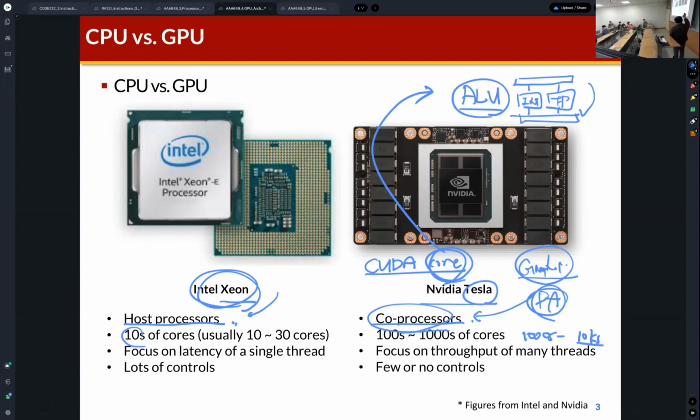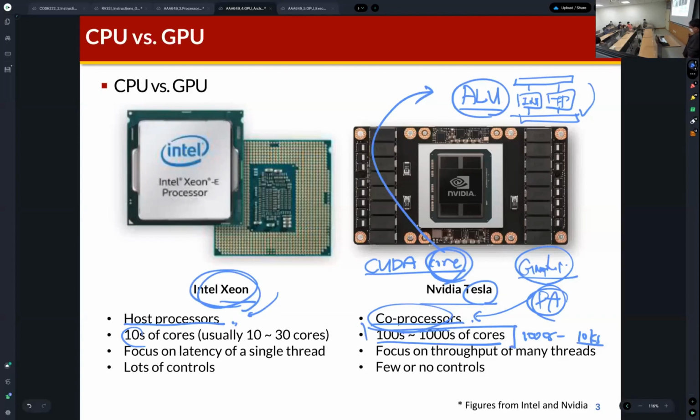If you just see this GPU core, it's just two ALUs, the integer ALU and the floating point ALU. But NVIDIA calls this a core, because different threads are assigned to different ALUs. That's why the NVIDIA core is called a core.